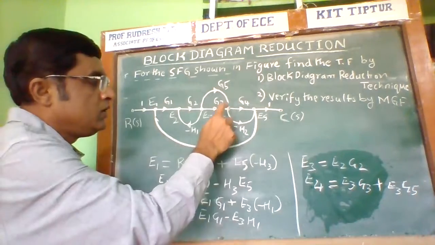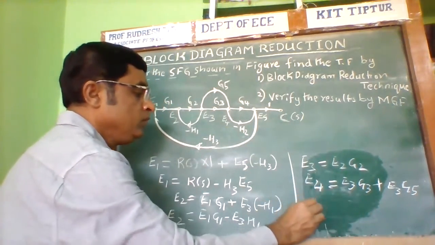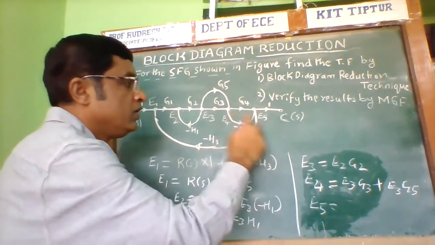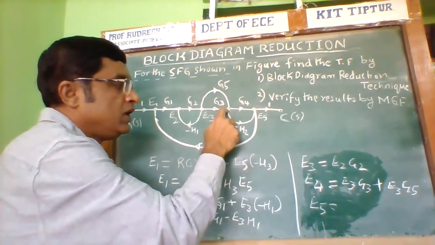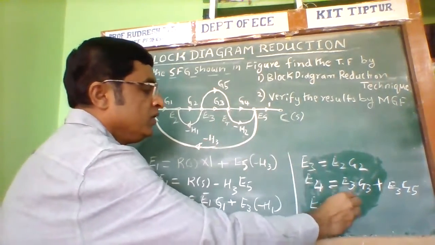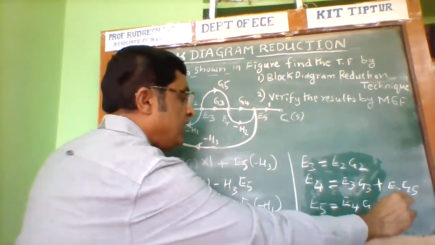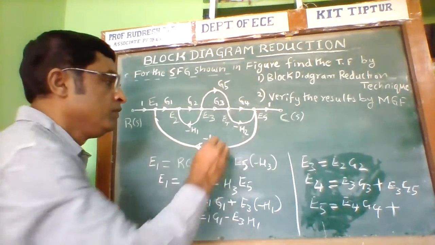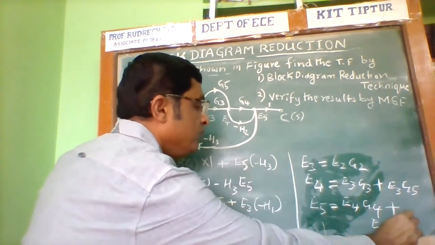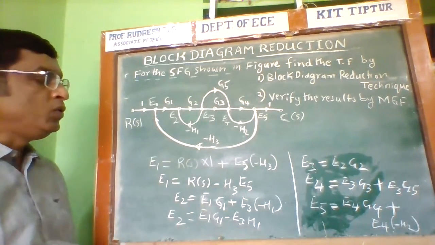So at node E4, similarly E5 is equal to the incoming signals from the E4 node only: E4 into G4, and another is E4 into minus H2. Now these are the node equations.